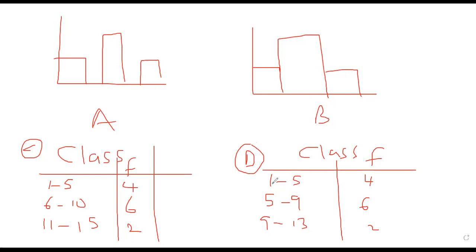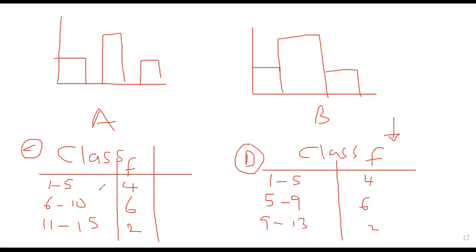So D is continuous, moving 1 to 5, from 5 to 9, from 9 to 13. Whereas C has spaces. So we have 1 to 5, there's a space of 1. 6 to 10, there's a space of 1. 11 to 15. So ideally, when you're given this format, it's easy to transform it into a histogram.